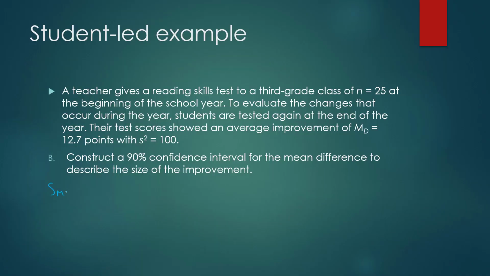So we calculated just a little bit ago that our estimated standard error was 2. We know the critical t that we want is 1.318. We said that our formula for our confidence interval, with the mean difference, would be equal to sample mean difference plus or minus the critical t times estimated standard error.